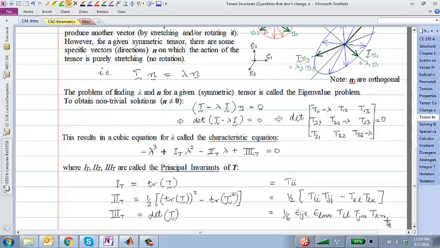Meaning that the result would be a scalar. Indeed, the determinant of a tensor or a 3×3 matrix is a scalar. And how many repeated indices? 6. So since there are 6 repeated indices, there are 6 summation signs sitting up here. Sum over i, sum over j, sum over k, l, m, n. So this is a long sum. How many total terms in this sum? 3 to the 6. I won't even bother calculating how much that is. 3 to the 6 terms in that summation.